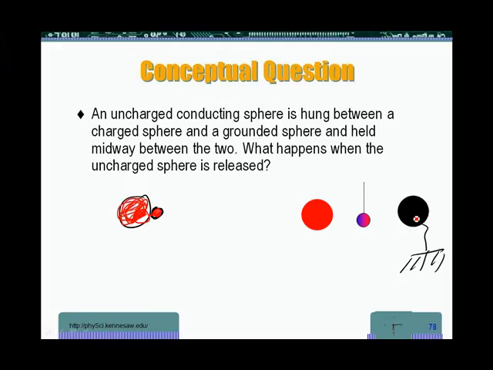Once it is neutralized, we come back to this same situation. And same situation, it will be attracted again, collect extra charge, be repelled, get neutralized again by connecting to the grounded sphere, and so on. So it's going to keep on doing that back and forth motion.